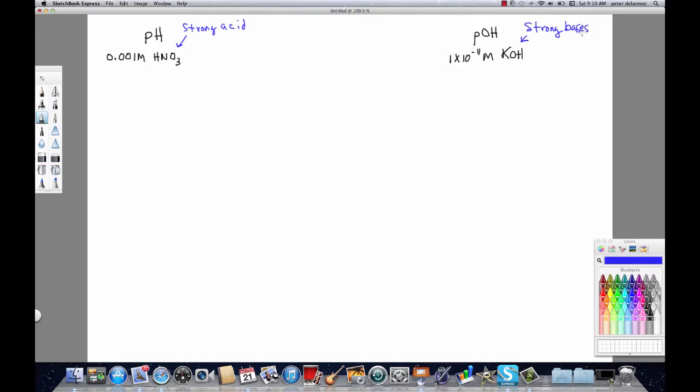Now, it's important in this presentation to know whether we're using a strong acid or a strong base, because finding the pH of strong acids and strong bases is easier than finding the pH of a weak acid or a weak base.